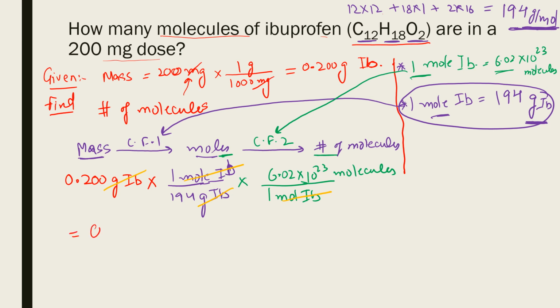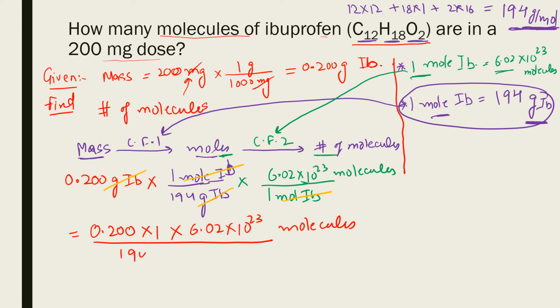So this will be equal to 0.200 multiplied by 1 multiplied by 6.02 times 10 to the 23 molecules divided by 194 times 1. And when we solve this equation, the answer will be 6.2 times 10 to the 20 molecules of ibuprofen.